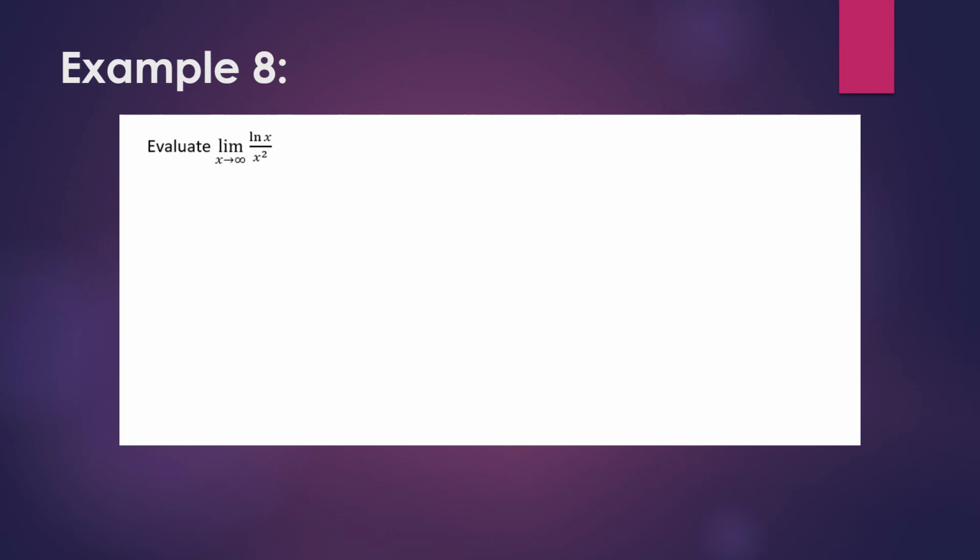So let's see an example. The limit as x approaches infinity of ln of x over x squared. If I plug in infinity to both the numerator and the denominator, I'm getting infinity over infinity. So that's going to be L'Hopital's rule. The derivative of the top, oh, don't let me forget my limit. I'm notorious for that.